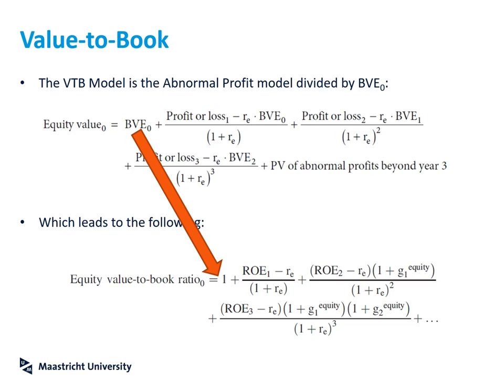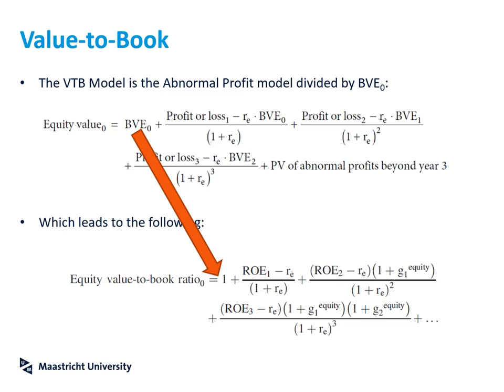And that has the same intuition as before. If a company is not able to earn abnormal profits, then the ratio that you're willing to pay on this book value is equal to 1. If you don't earn any abnormal profits on your book value of equity, you're not willing to pay more for the company than the book value of equity.